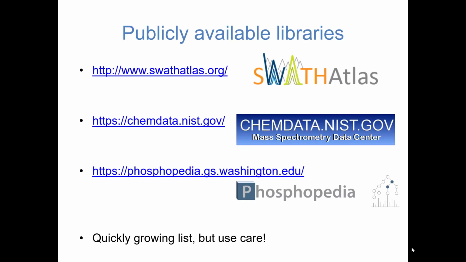Okay, so one last slide before we quit, and then Brendan speaks. There are a lot of publicly available libraries where you can go and download a library to suit your specific needs. I typically prefer to use the SWATH Atlas library. This is where the Pan-Human Library from Aebersold's lab lives, along with a bunch of other libraries.